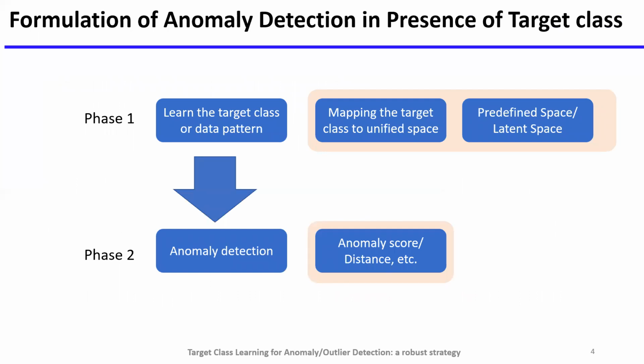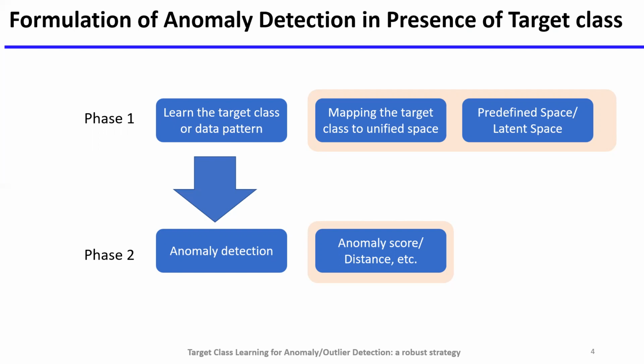Okay, so let us say we want to formulate the anomaly detection technique in the presence of the target class. That means suppose we have samples of a single class only and we don't have samples of another class, then how can we formulate any machine learning model? It can be divided into two phases.